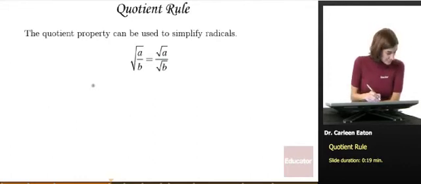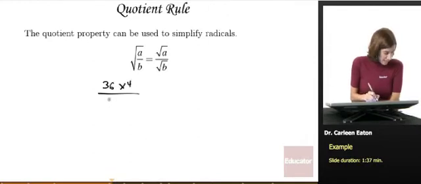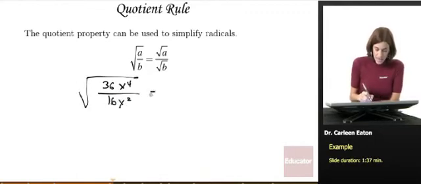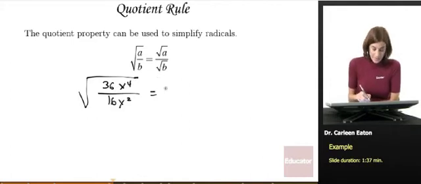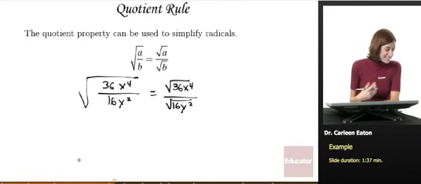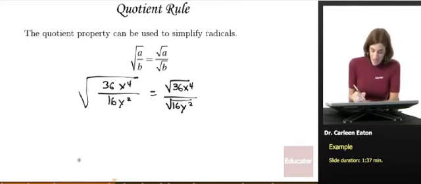Taking an example to illustrate this, if I have 36x to the fourth divided by 16y squared, and this whole thing is under a radical, I can use the quotient property to rewrite this as the square root of 36x to the fourth divided by the square root of 16y squared. Now that I have this, I can see a way to go ahead and simplify.